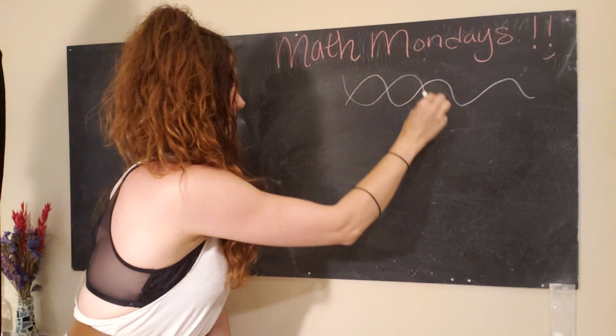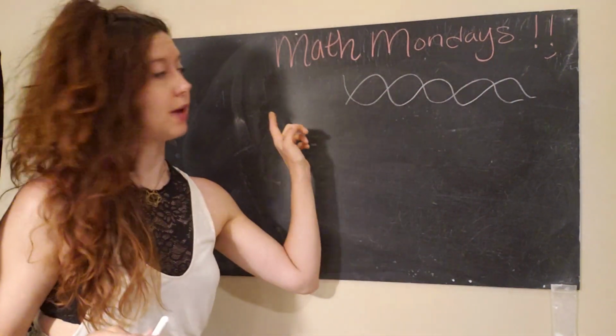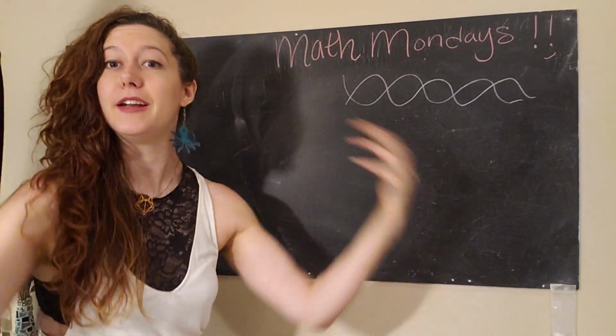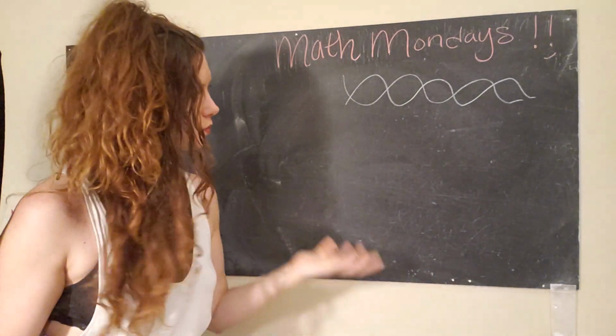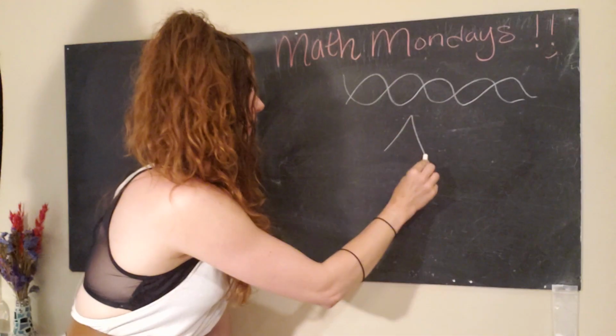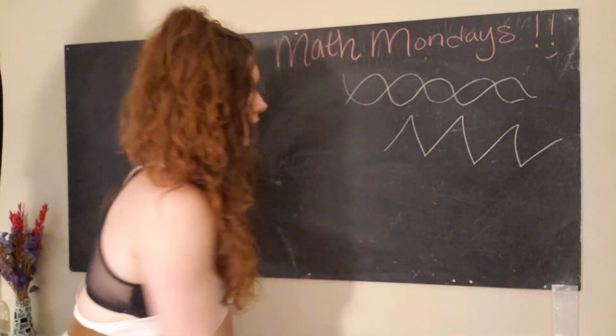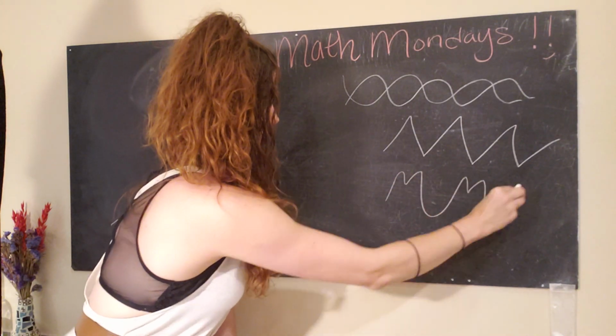Cosine is just offset. These are periodic functions. They repeat over time for infinity, more or less. It depends on the system we're looking at. But there are lots of other types of periodic functions. You could have a sawtooth wave like that, or you could have something like this.